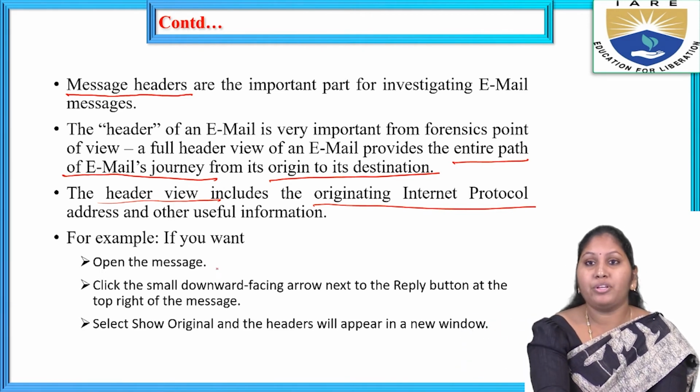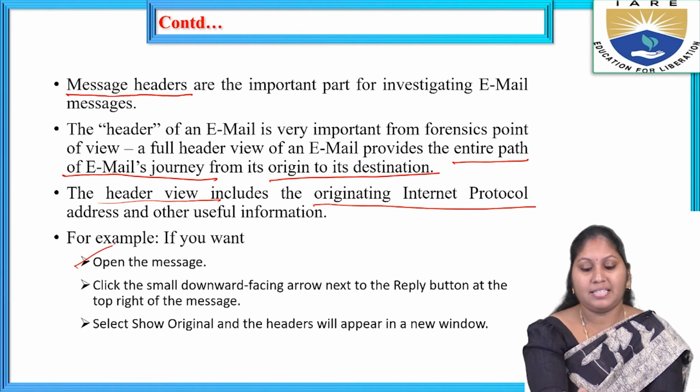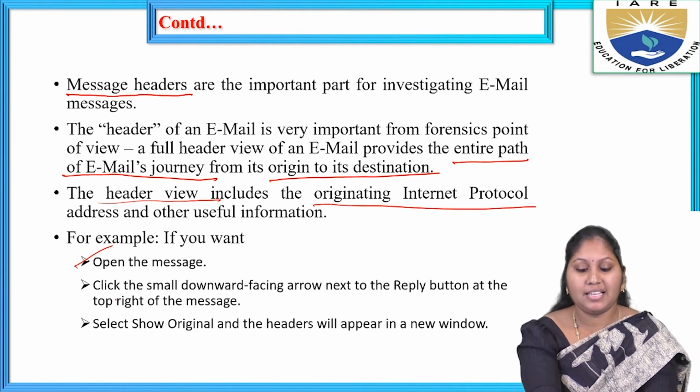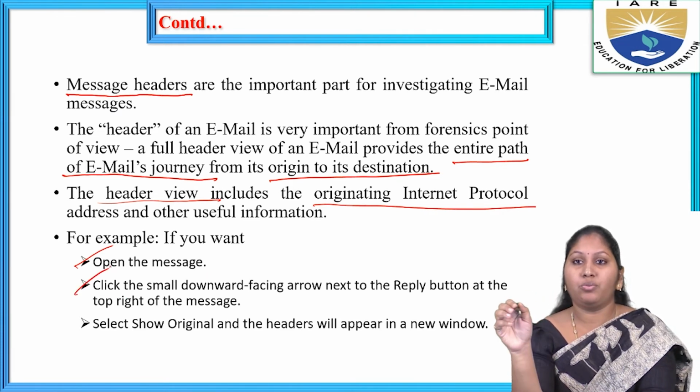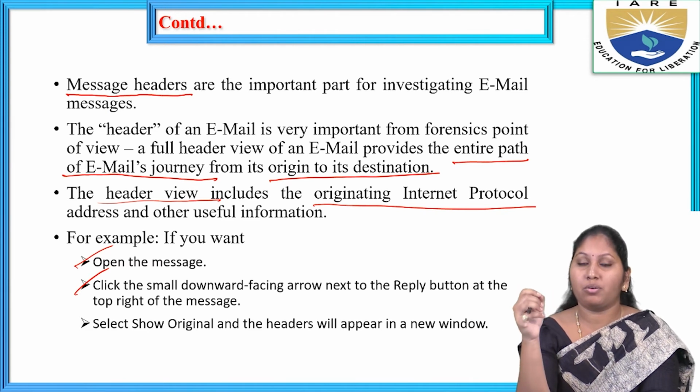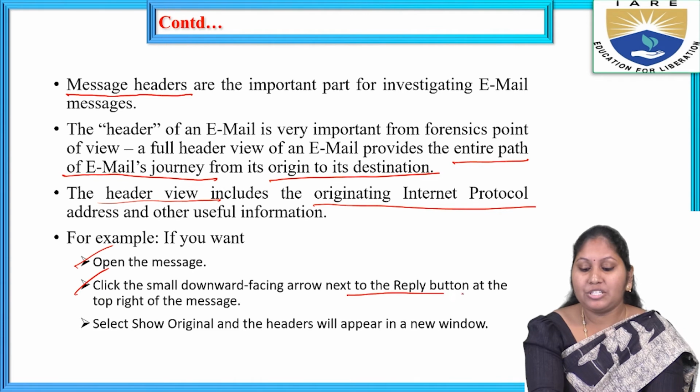For example, if you want to open the message, see here we have an example. First click on the small downward-facing arrow next to the reply button at the top of the message.